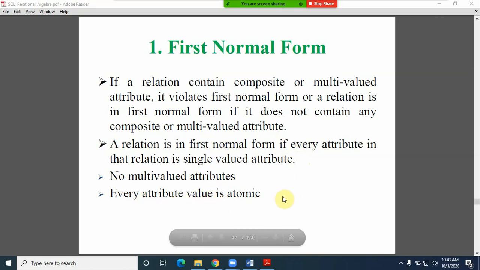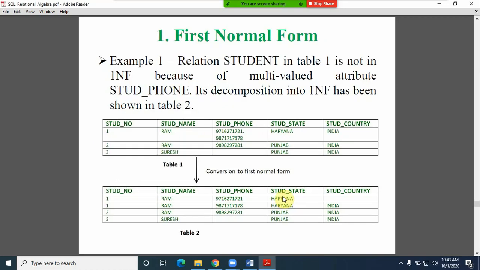You can say single valued, or atomic, or no multi-valued attributes. Whatever attributes we have in that relation, all of them should contain single valued or atomic values. Now if you refer to the example, just observe this, friends.